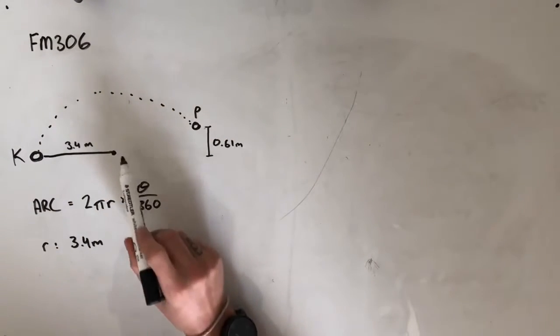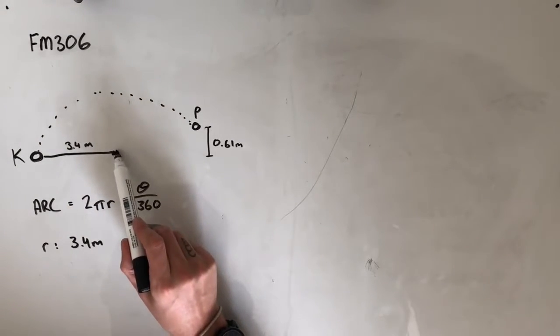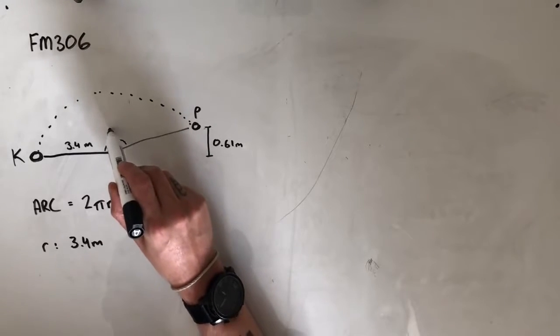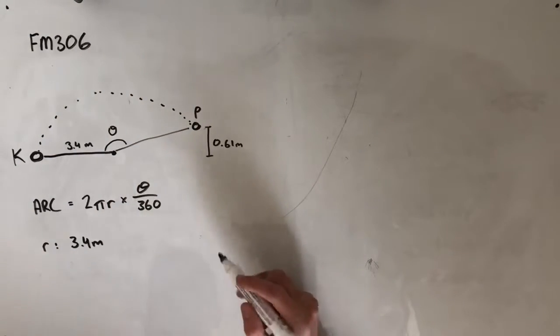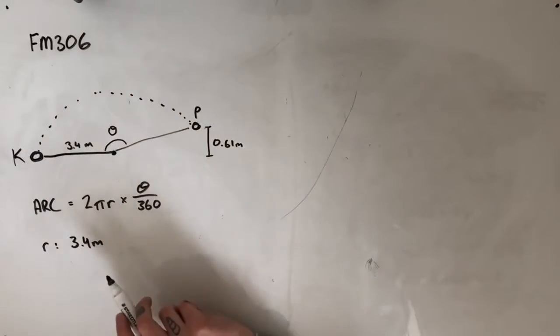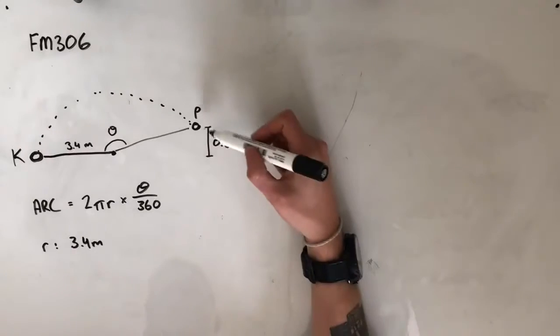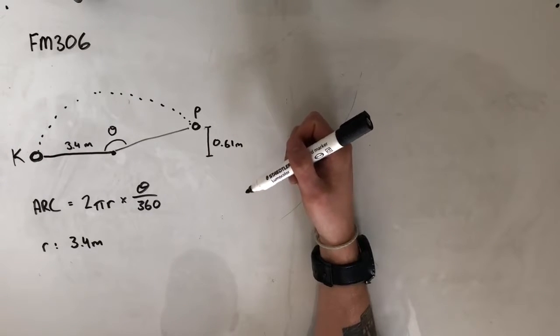However, it's going to take a little solving in order to figure out what our unknown angle here is. This is our unknown angle in here. So, how do we figure out what this unknown angle is? Well, we don't really have any tools inside this circle to help us out. However, we do have this 0.61 meters over here.